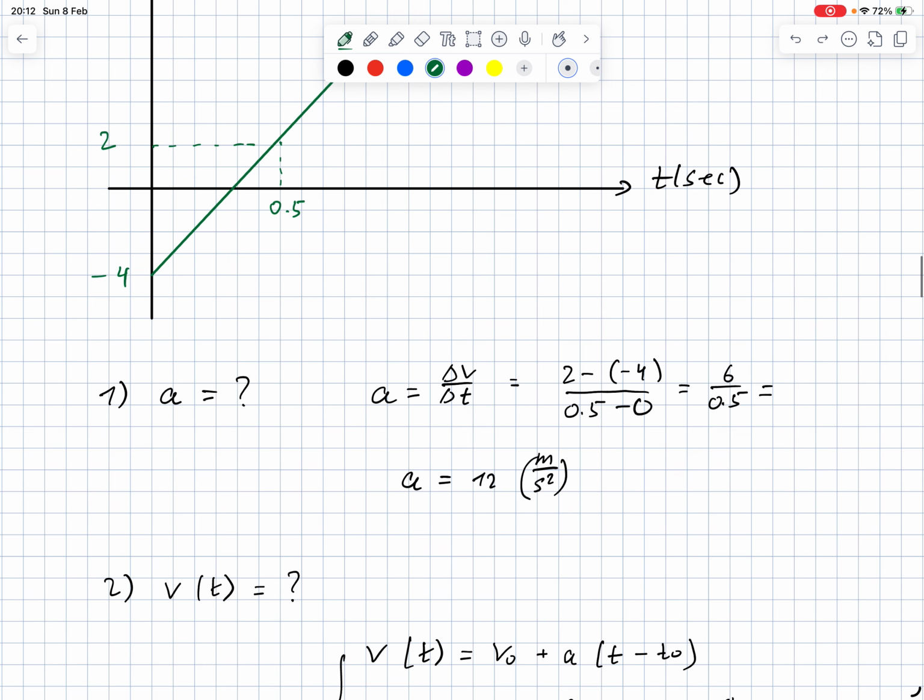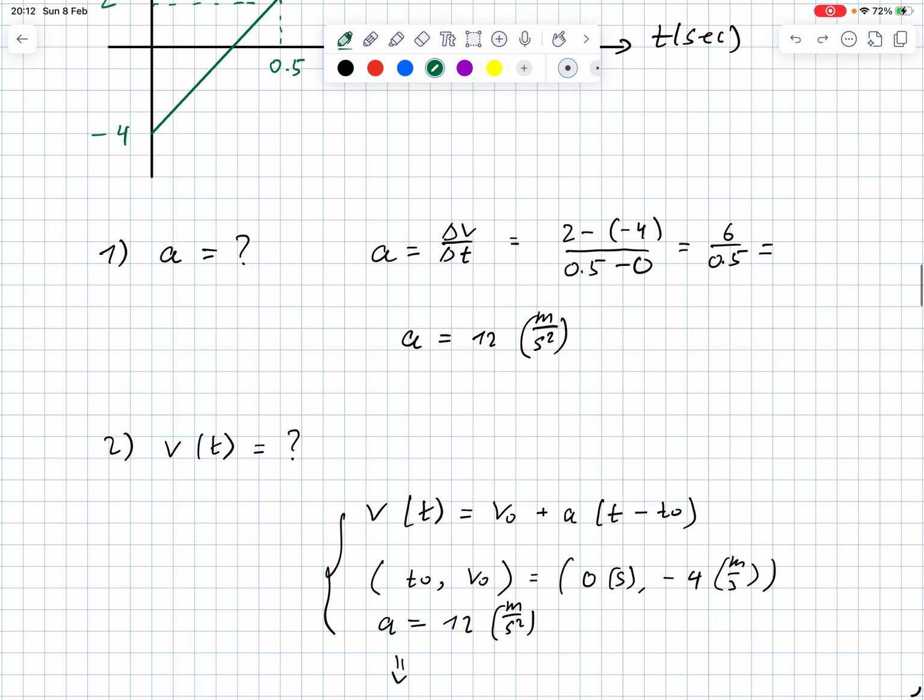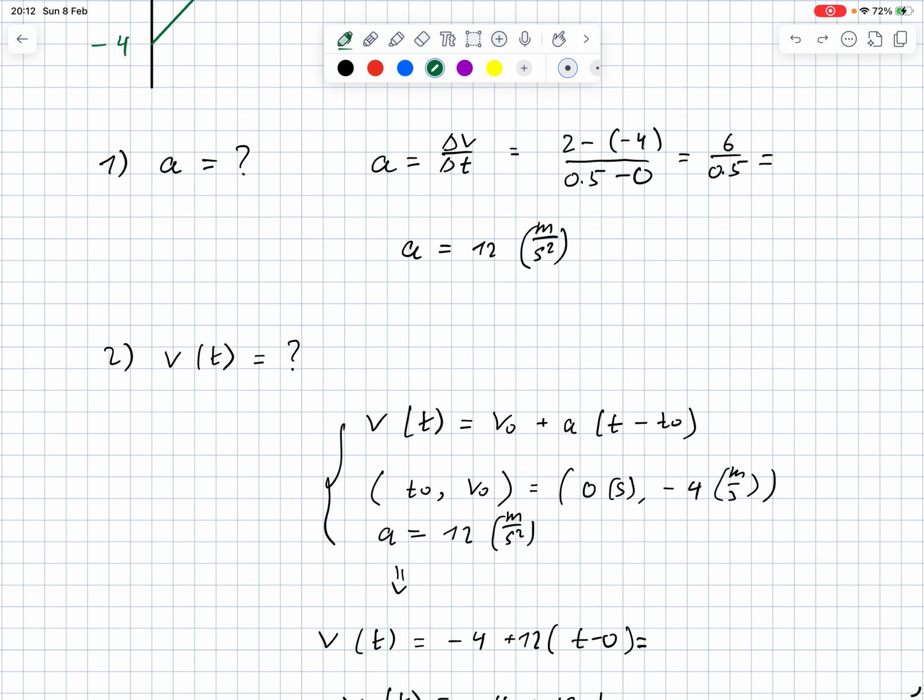Next question is what is the expression for velocity, the linear function of velocity, v of t. We're going to use this formula, when we have to decide which coordinate we're going to use to substitute t0 and v0. I choose the easy one.